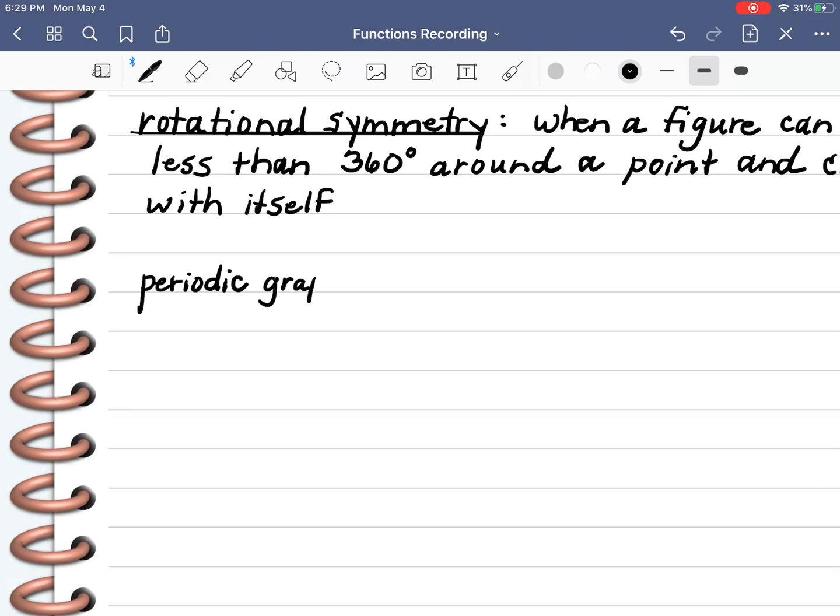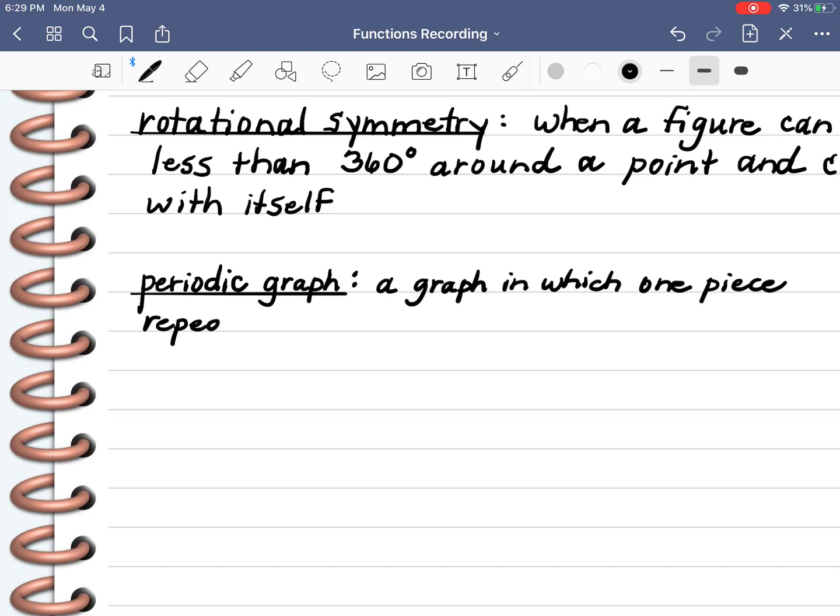So a periodic graph is a graph in which one piece repeats over equal intervals.